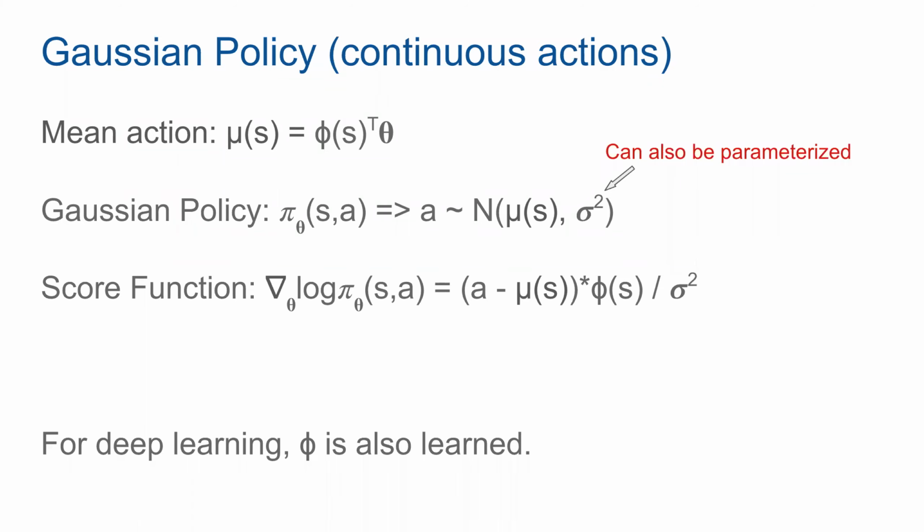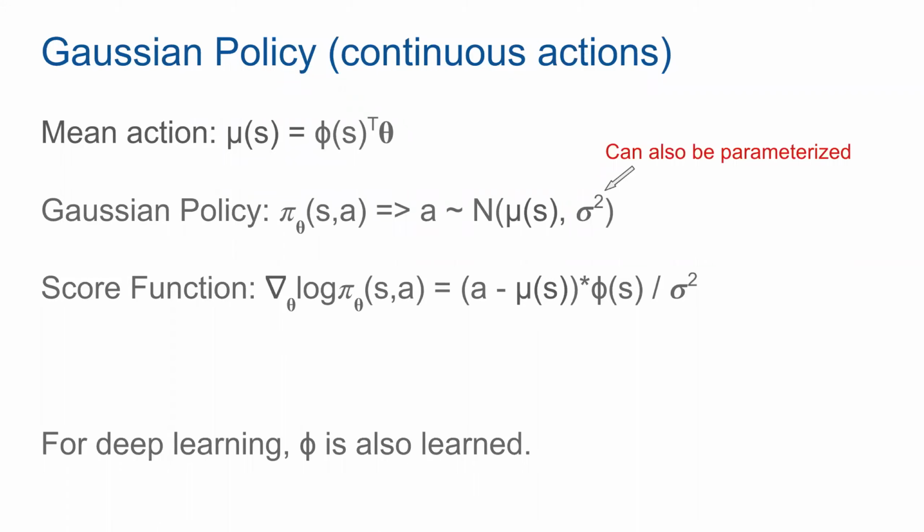For more advanced formulations of this policy class, the variance can also be learned as a function of some other theta vector. But in this particular simple case, we're just parameterizing the mean action, not the variance of the actions. If the action distribution given a state is Gaussian distributed like this, then the score function, that's the third line, takes the following form.